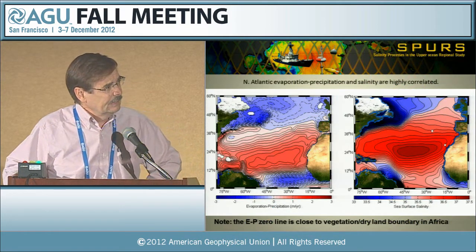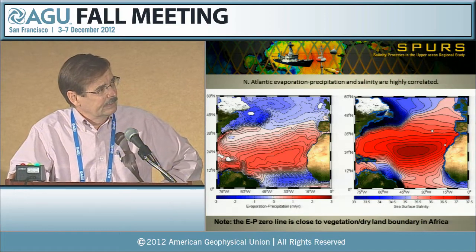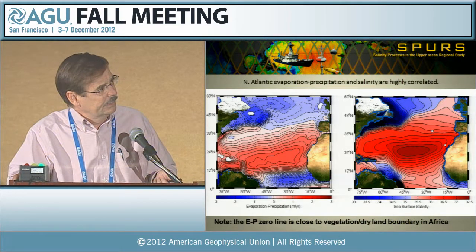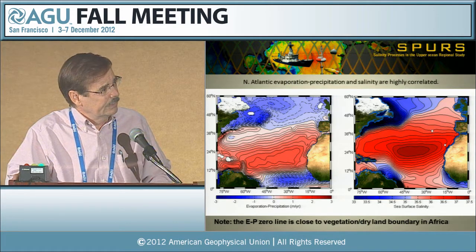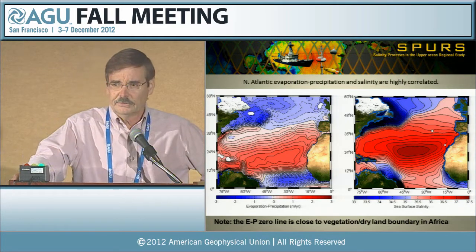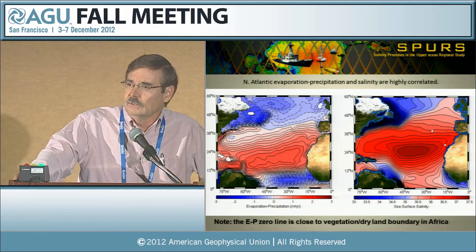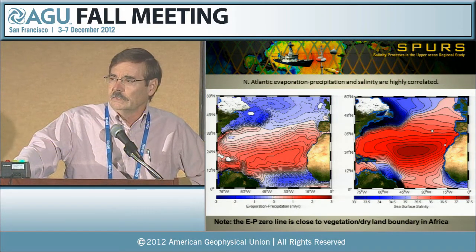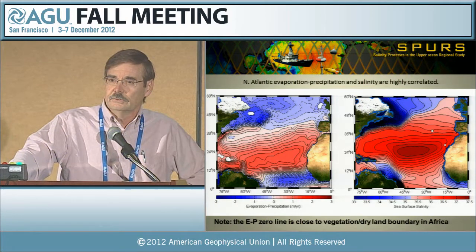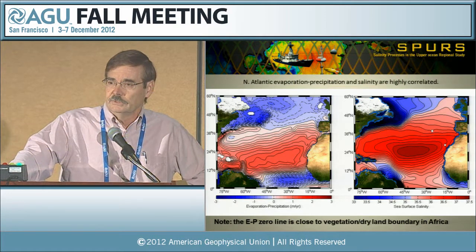In the Atlantic, E minus P is on the left, surface salinity on the right, and we decided to focus our attention on the salinity maximum at about 25 north, 38 west for SPURS. The idea is we have to understand what the ocean's doing to the salinity field before we can fully understand what changes in surface salinity mean for changes in the water cycle.